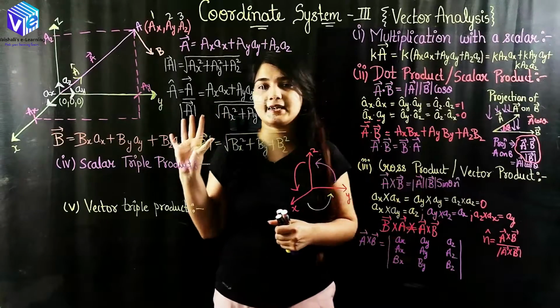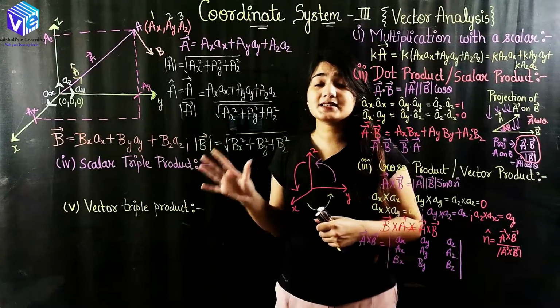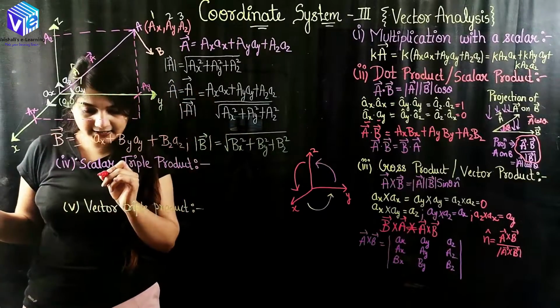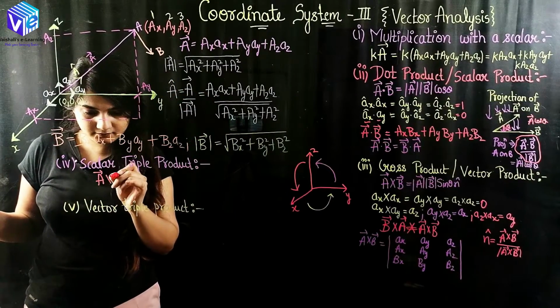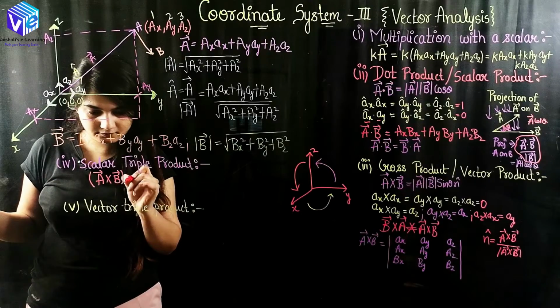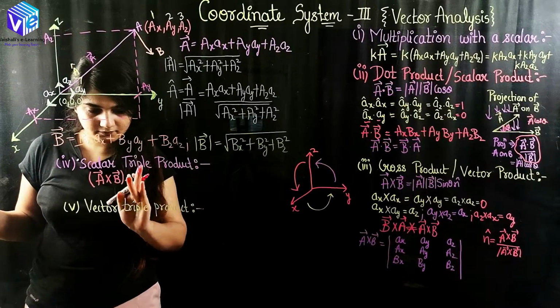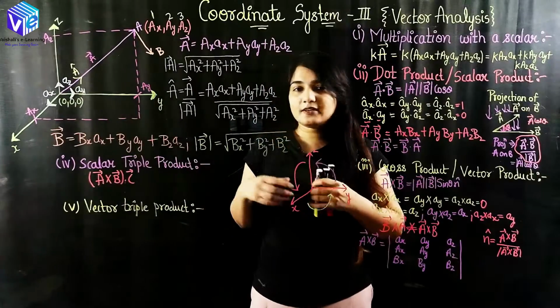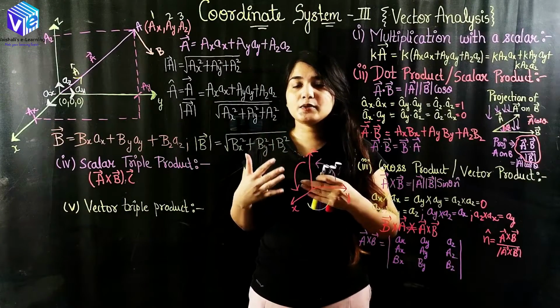Now coming to the scalar triple product. What is the scalar triple product? First of all, I will be giving you the identity. Obviously here we are dealing with three vectors.